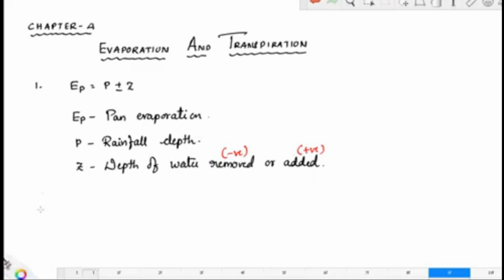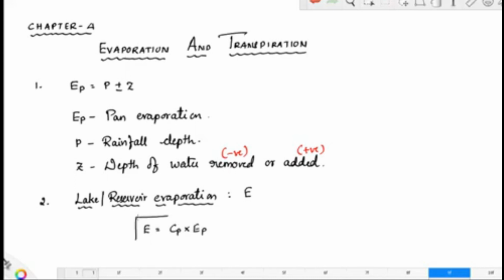Second important point which you have to remember is that, so pan evaporation over. Now lake or reservoir evaporation. E is equal to Cp into Ep. This is one important equation that you have to remember.